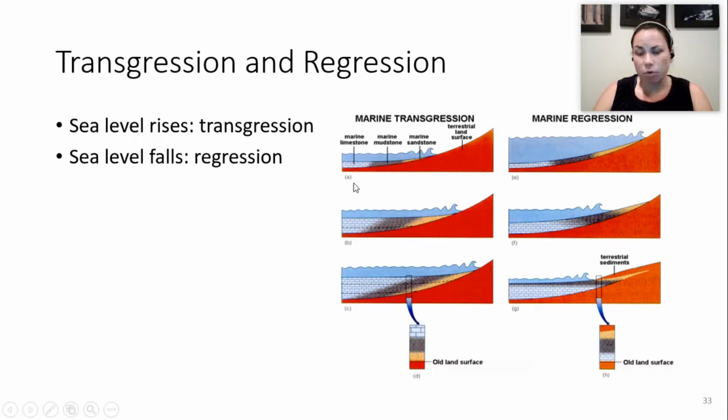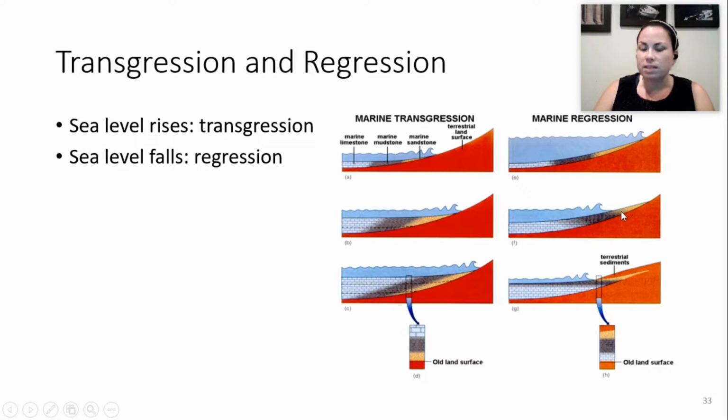So when sea level rises, we typically have more deposition, and further away we have limestone, mudstone, and then closer to the coast we have sandstone. As sea level rises, it pushes the sediments in a diagonal direction that is roughly parallel to the coastline. In a regression, where sea level falls, the water pulls some of these sediments back.